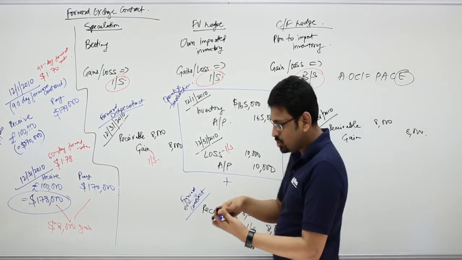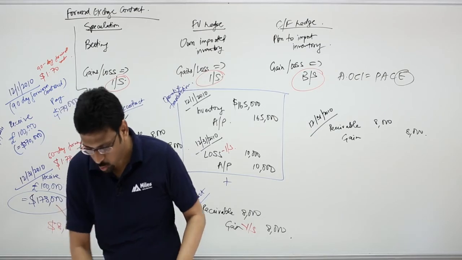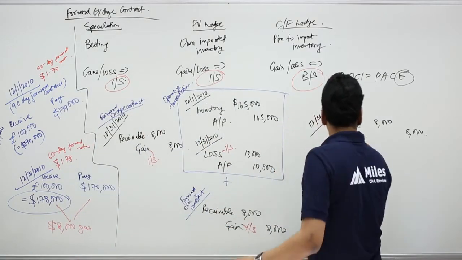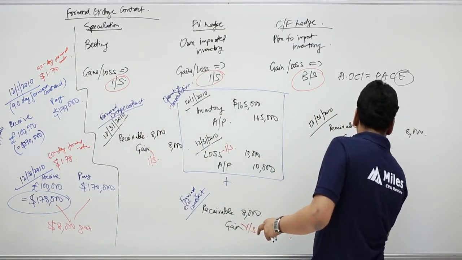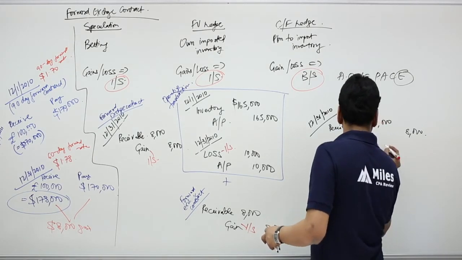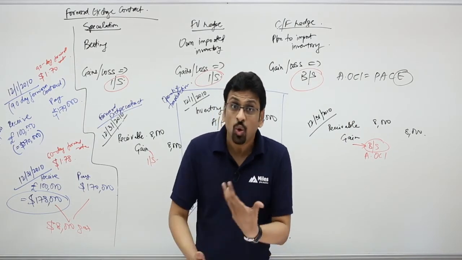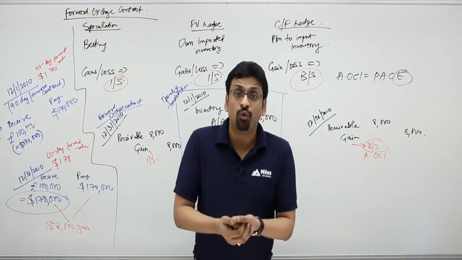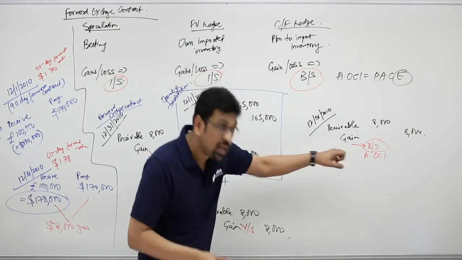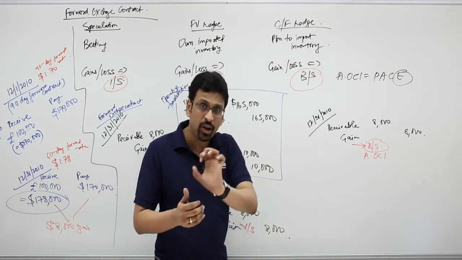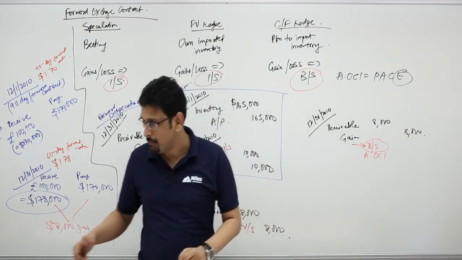This gain goes into accumulated OCI on the balance sheet. So when they actually go ahead with the transaction that they plan, they forecast, then we would take it out from the balance sheet, put it on the income statement. For now, we're going to park it on the balance sheet.